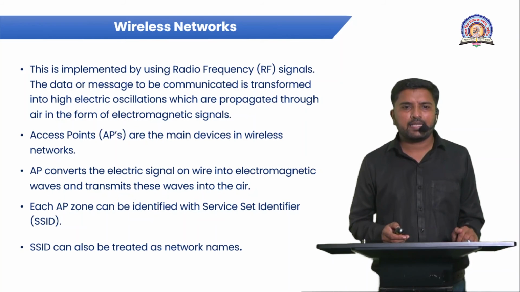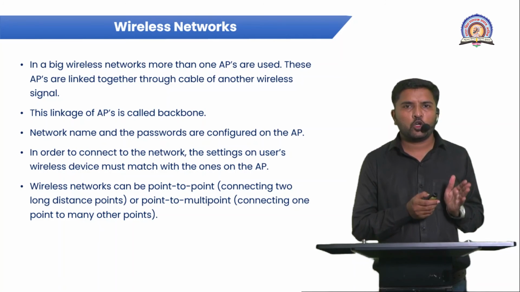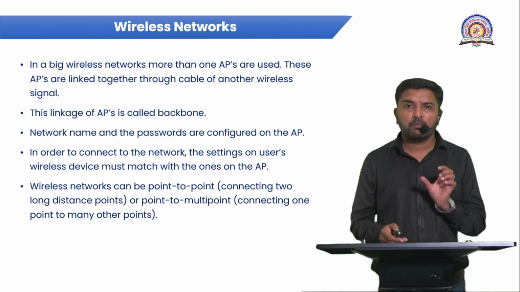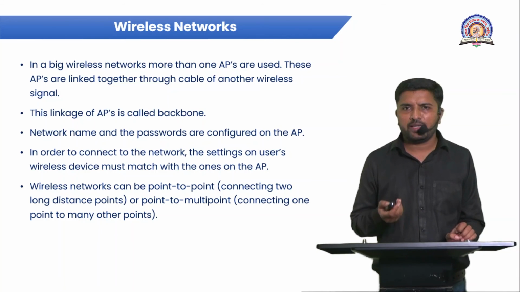An SSID can be treated as a network name also. The linkage of access points is called the backbone. Network name and password are configured on the AP, and at the user side and the access point side, the username and password must match, otherwise you will not get access to that network. A wireless network can be point to point, point to multi-point, etc.